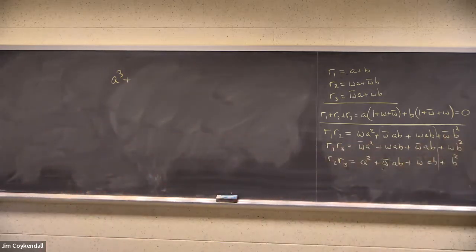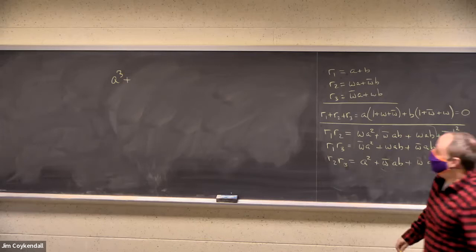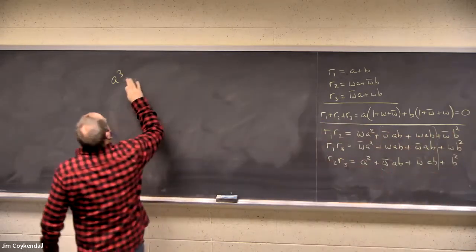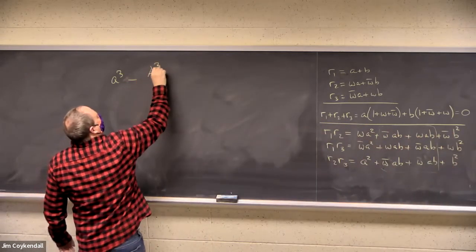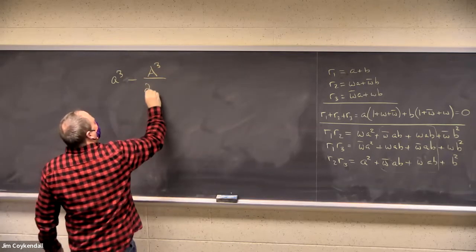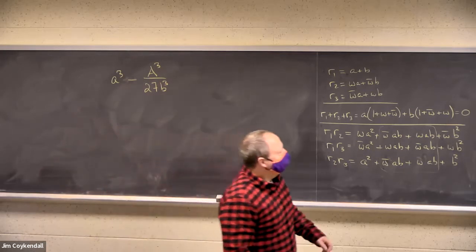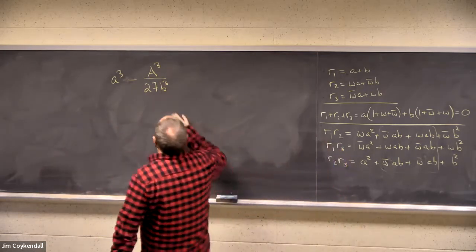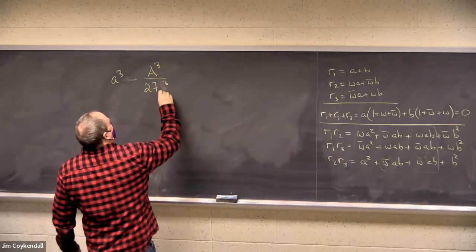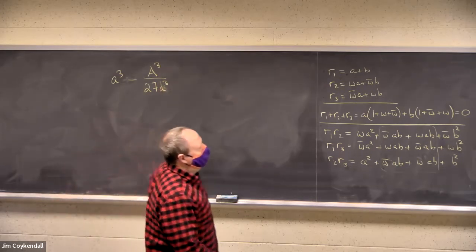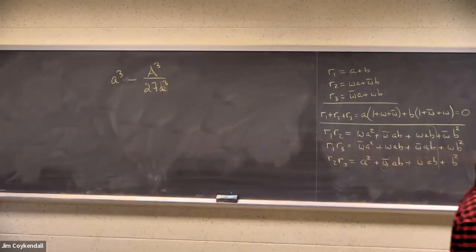Well, B is now negative capital A cubed over 27 B cubed? Oh, it's A cubed, yeah. There we go. That was the whole point, that the root of B is equal to negative B.